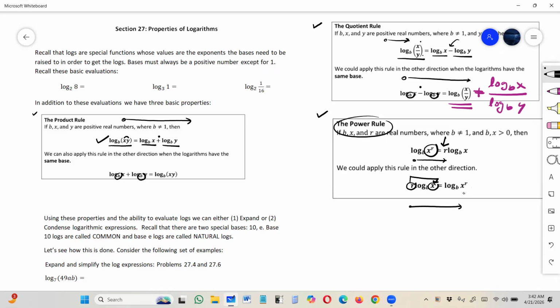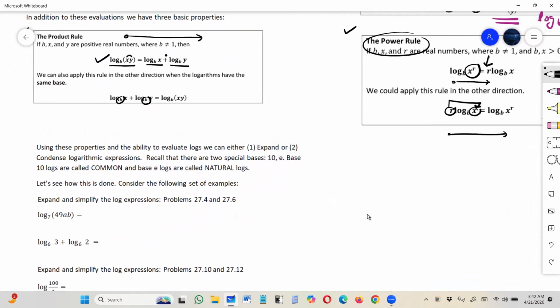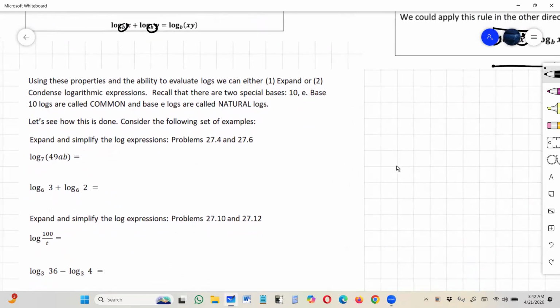So those are the three properties that we have to know in order to do the problems associated with this section, which will be basically two types of problems. Okay, so these are the three properties. Now, the two types of problems that we are going to be responsible for are right here.